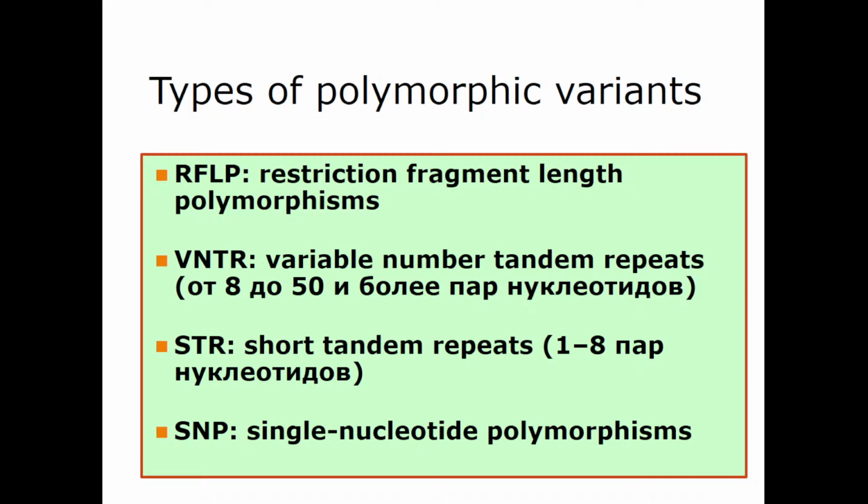And on this slide, you can see the main types of polymorphic variants. I take for you only the more famous ones: restriction fragment length polymorphism, variable number tandem repeat, short tandem repeats, and single nucleotide polymorphisms.